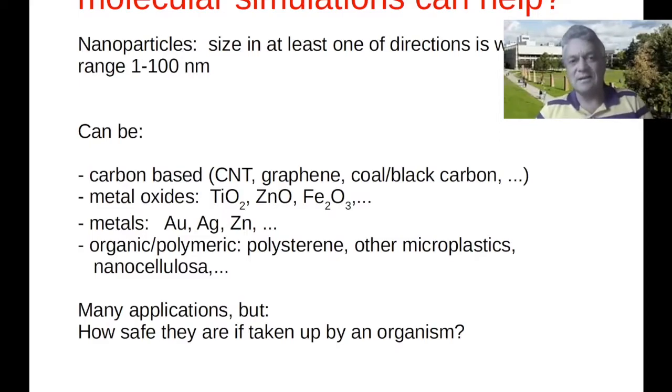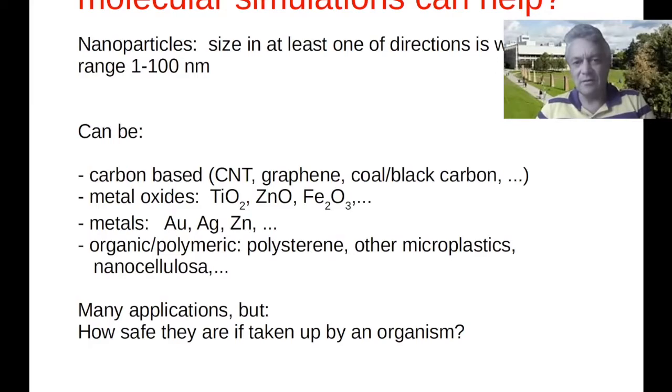And nanoparticles can also be occasionally inhaled if they are present in the surrounding air, or taken up in other ways. By nanoparticles, we consider objects or particles which have size in at least one of the dimensions within the range from 1 to 100 nanometers. And the chemical nature of nanoparticles can be very different.